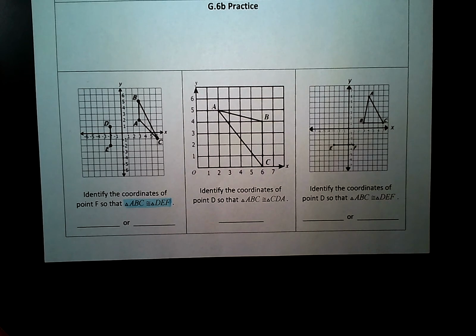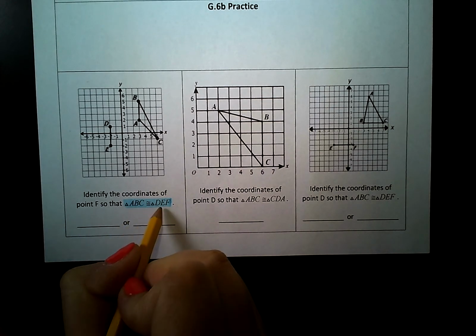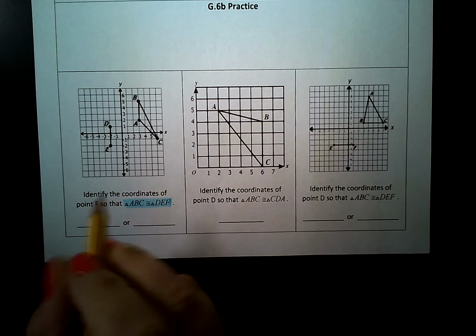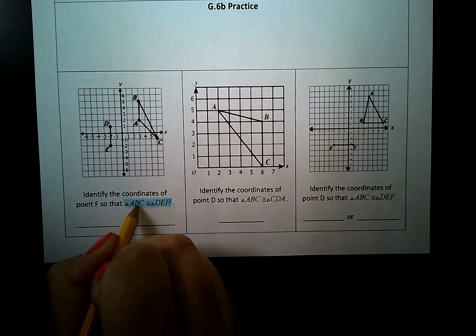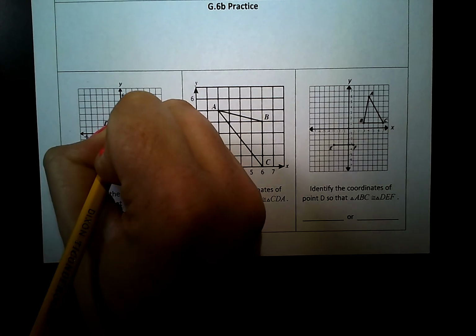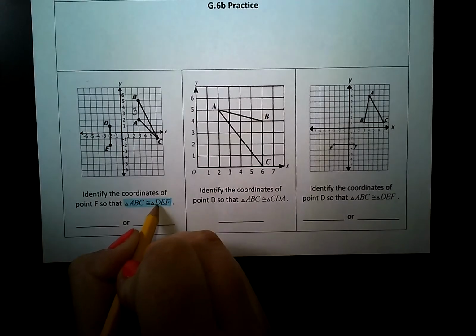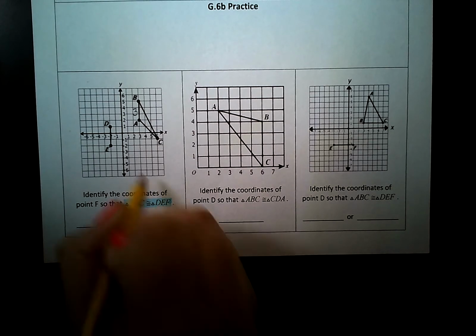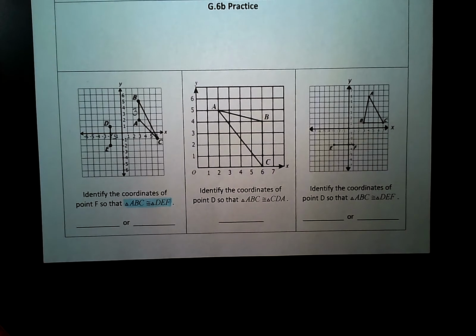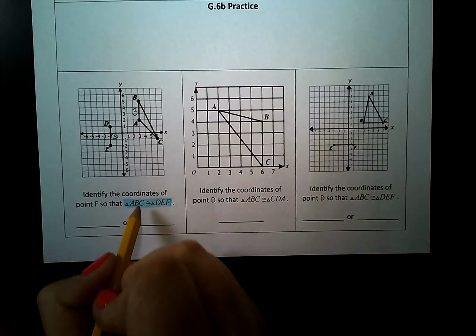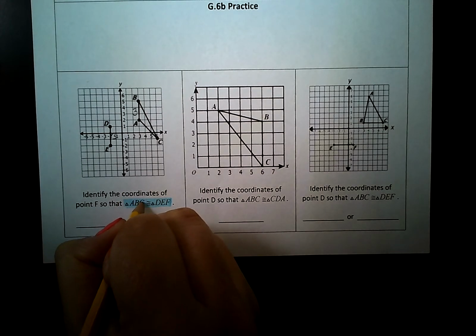So when I look at the congruence statement, I need to know what two parts are congruent. So I've got side AB that's 3 units long, has to match up with side DE, which is also pre-graphed and is 3 units long. All right, so next I could check out side BC.